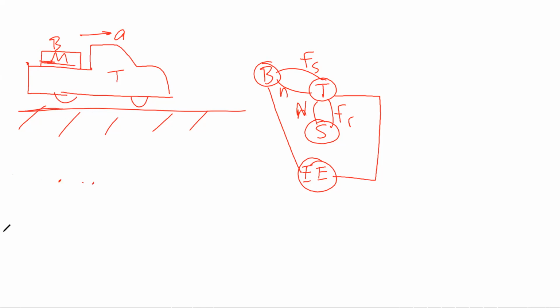But what would the person on the side of the road see without friction? They'd see the truck accelerate forward and the box would stay exactly where it's at. These are the types of differences between reference frames. All right, that's another example.